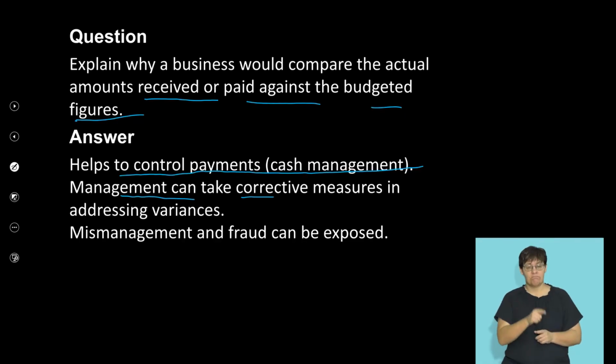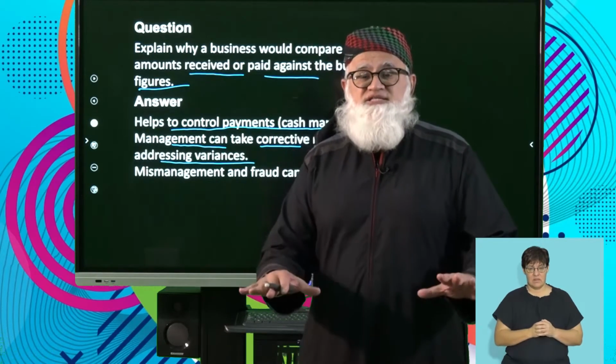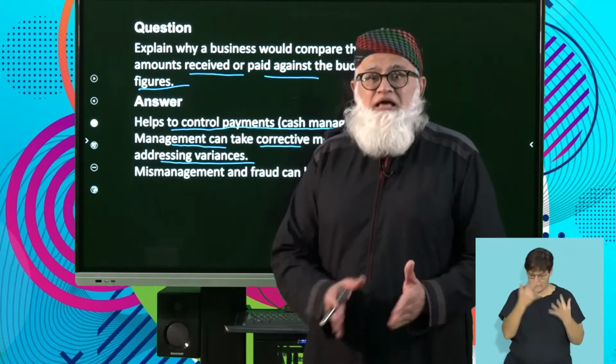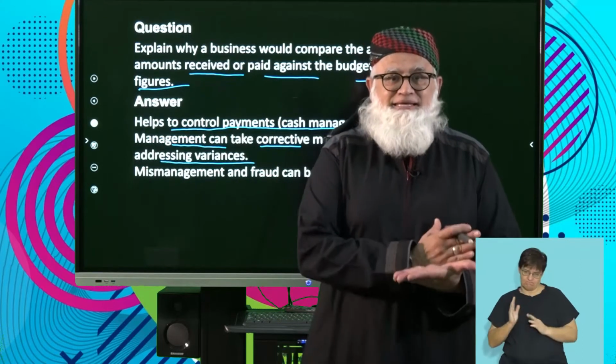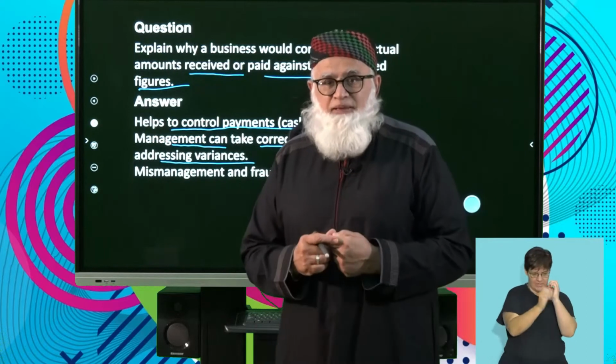Management can take corrective measures in addressing variances. Very important. If there are significant variances between your actual and your budgeted, management needs to step in. And when they step in, they now take corrective steps.